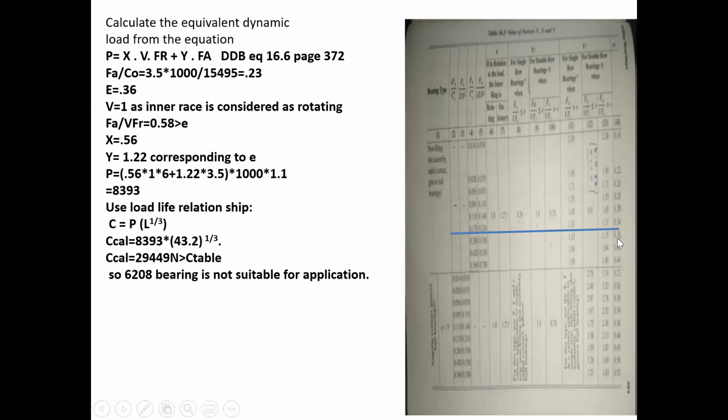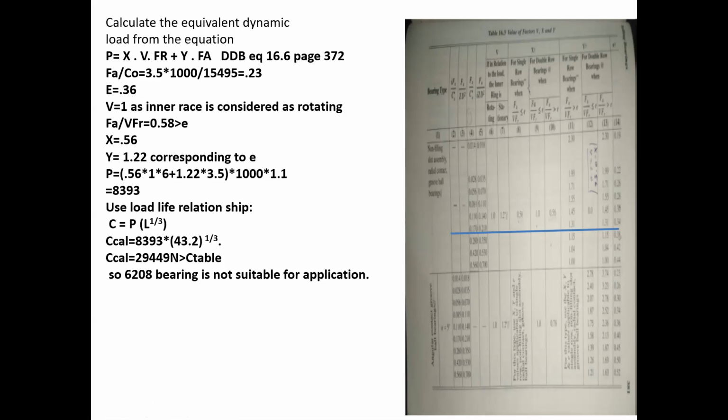So we reduce that difference value from 0.38, because e is constantly increasing, and this value 0.23 of Fa upon C0 will be before the 0.28 value. So this value will be lesser than 0.38. And when you calculate by interpolation, this e value will be equal to 0.36. I have explained the interpolation method because many people do not know how interpolation is done.